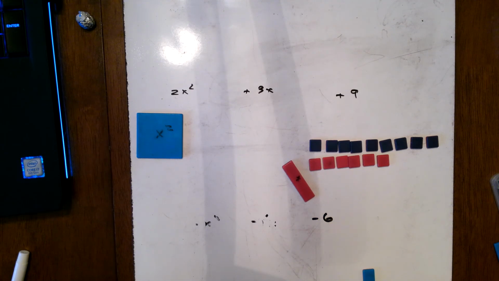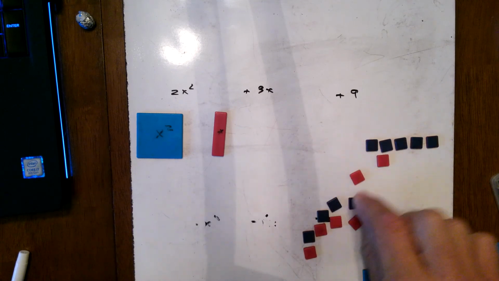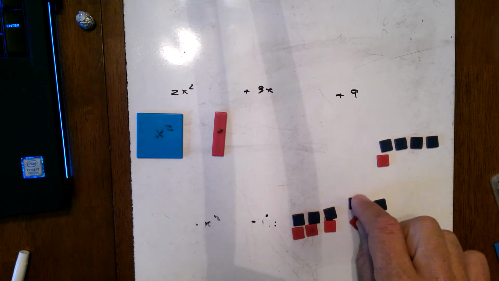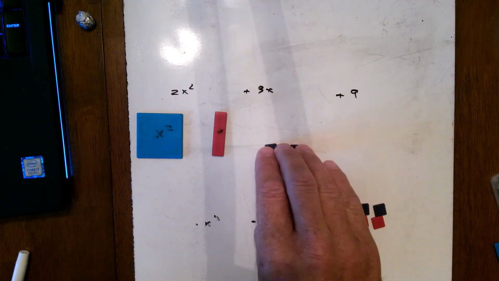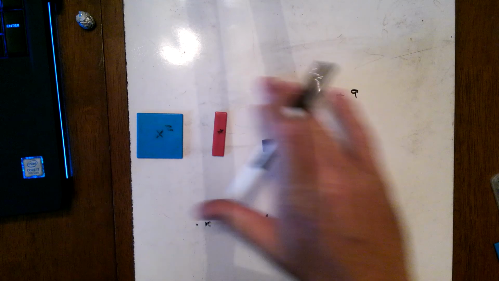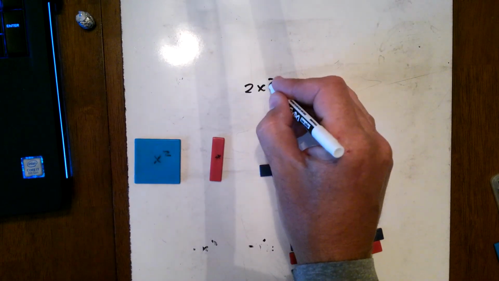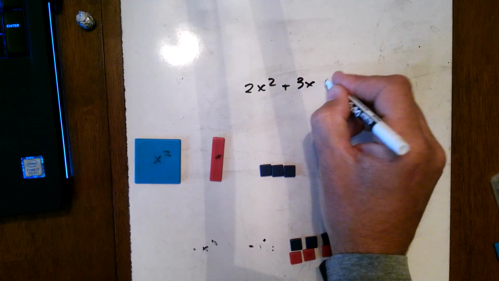Okay, so we're left with just one negative x. Let's take all these out. Zero, zero, zero. These are all zeros. And we're left with 3. So if you think about it, the original problem was, I'm going to rewrite up here at the top, 2x squared plus 3x plus 9.